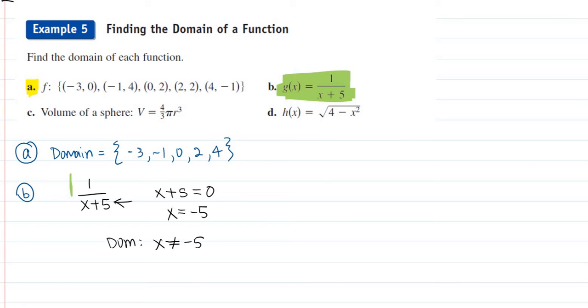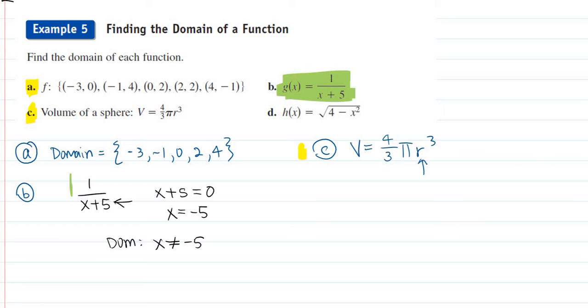All right, let's look at C. For example, C, they say the volume of a sphere equals 4/3 pi r cubed, where r stands for the radius of the sphere. So if we think about C, we have an actual equation which represents actual measurements of things. So this is the variable that we're concerned about.